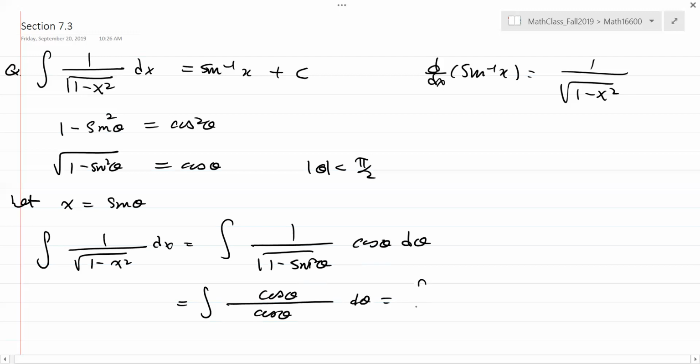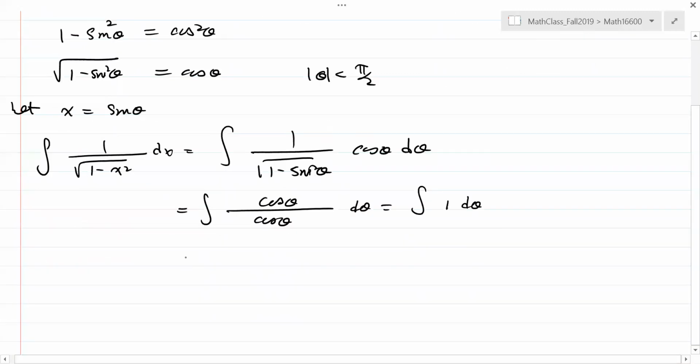What do you get? It's just 1 d theta. Wow, it's a very simple integral. This integral, of course, is going to be theta plus c.